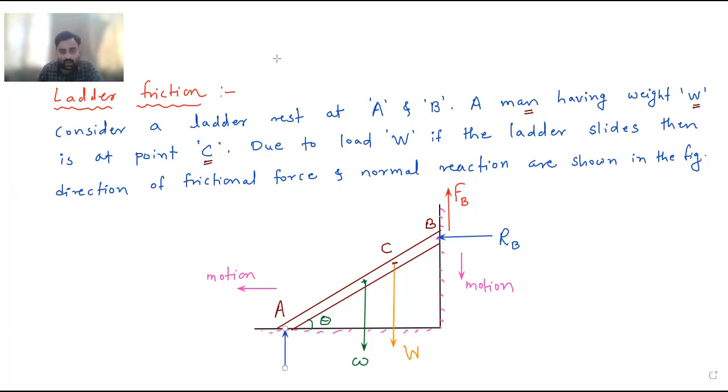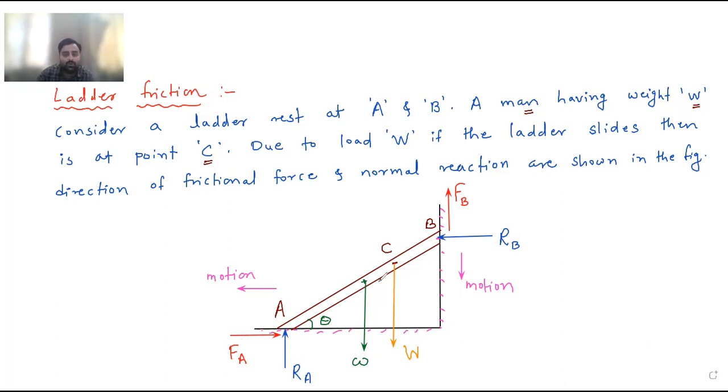This is your reaction RA. Now the motion of this point is in this direction, and the frictional force is always in the opposite direction of the motion. So the frictional force is like this, and I will call it FA.